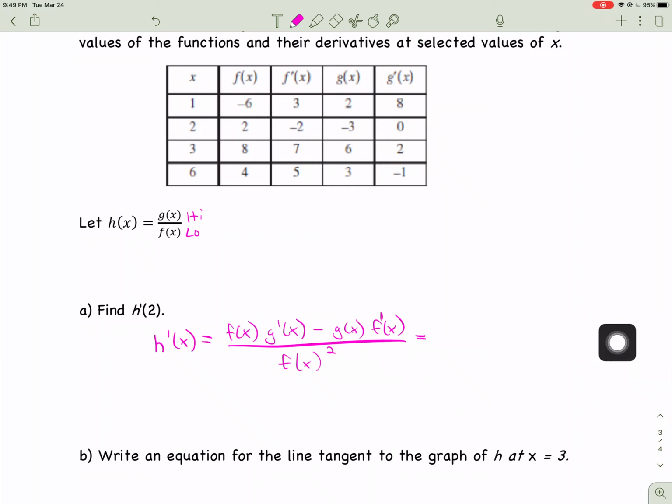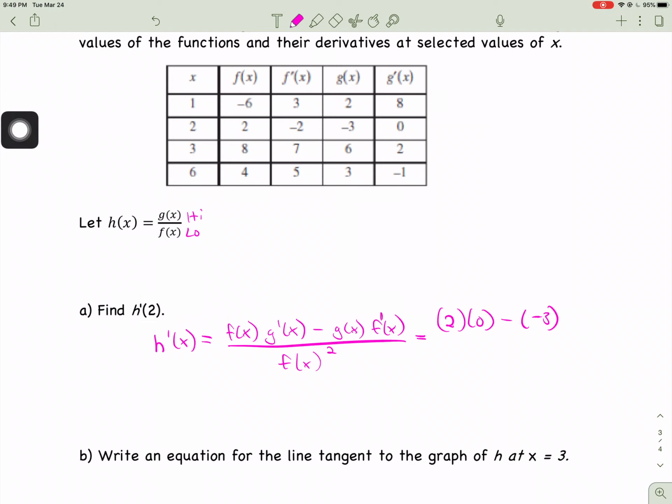So that is, well, what's f of x when h is 2? It's 2. What's g prime of 2? G prime of 2, 0, minus, what's g of 2? Let's see. G of 2, negative 3. What's f prime of 2?